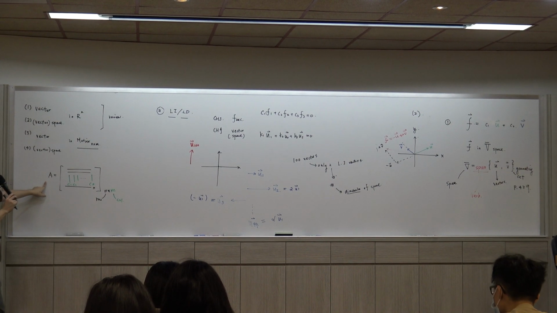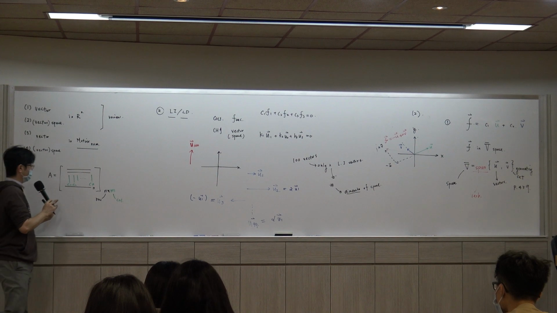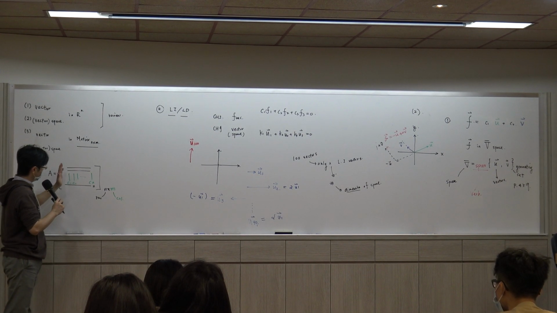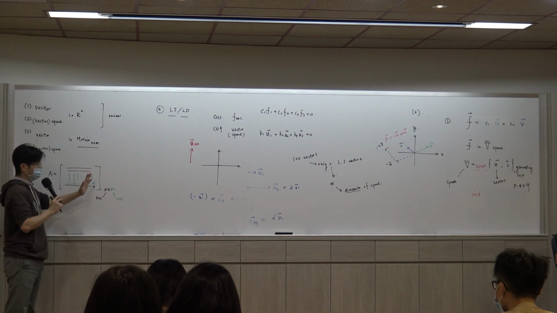So in the matrix, we will have a lot of row vectors and column vectors.